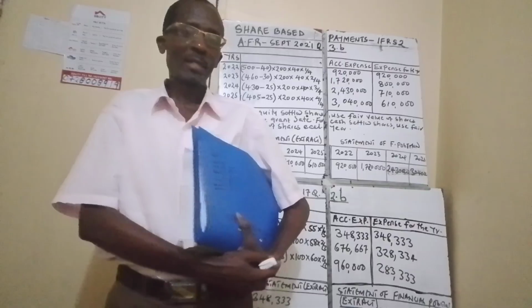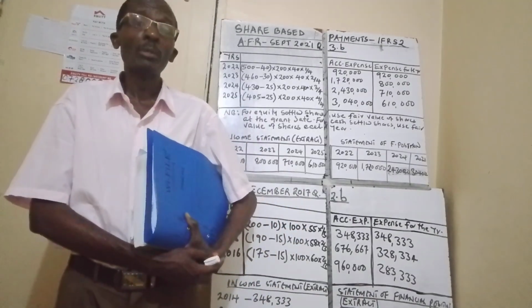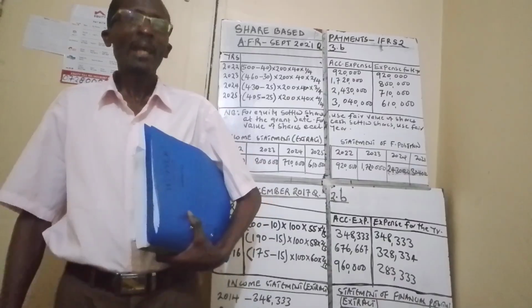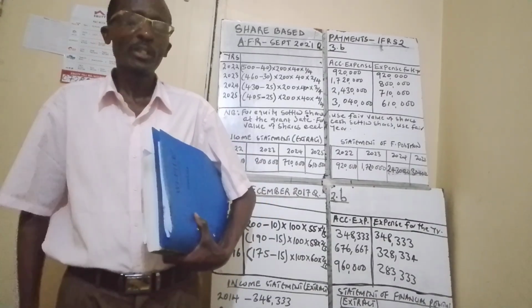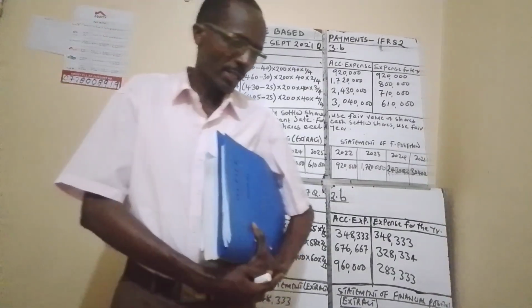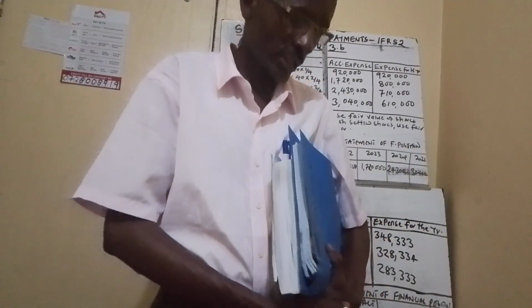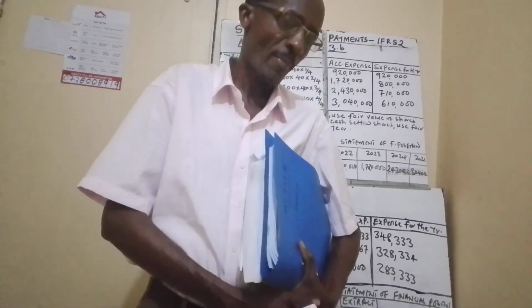The consideration here that you will receive will be in terms of equity or shares. That is equity settled share-based, and the other one is known as cash settled share-based.